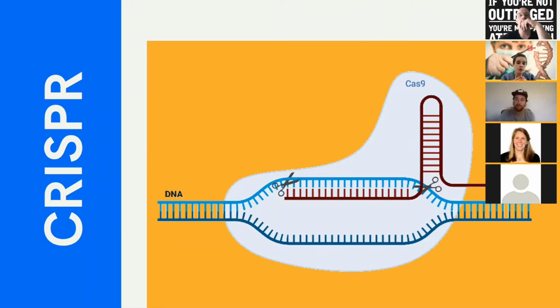Like I mentioned, this can result in a gene being fixed, like a disease, where you can stop the disease from expressing, or it can cause a gene to have a different function. So again, it's a pretty powerful technology. You can head to the next slide.